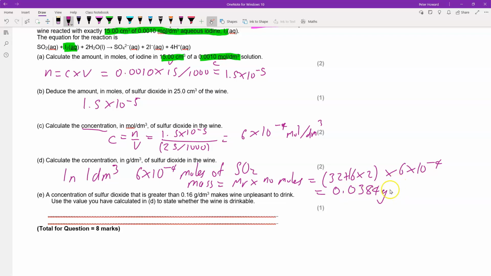So I should also make sure I put per dm cubed. Which is bigger, this one or this one? The value is smaller than this value, so we can say wine is drinkable as the calculated value is less than 0.16 grams per dm cubed.